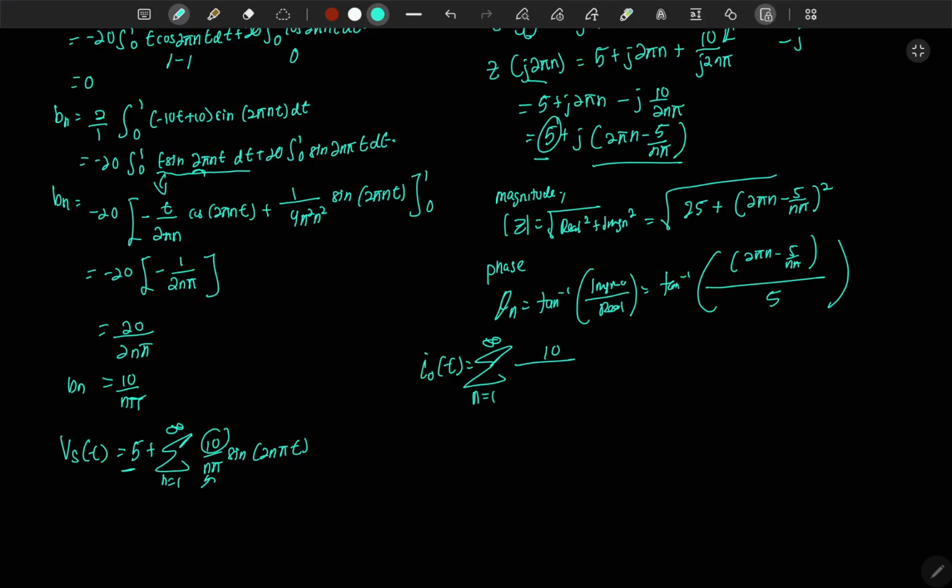Here is the n pi, so our magnitude is written beside this n pi, and then the square root, where we write everything that was found in the square root for the magnitude. Then sine, in a bracket, we write 2 n pi t minus the phase.